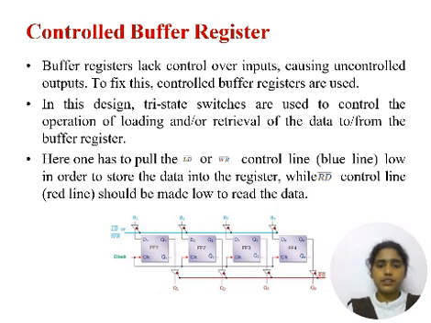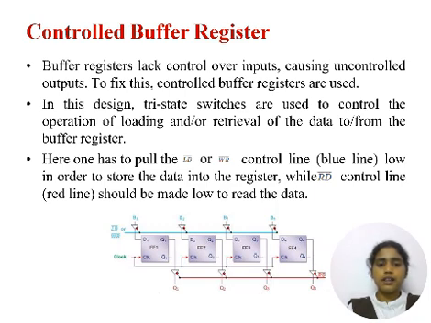Control buffer register. Buffer registers lack control over inputs, causing uncontrolled outputs. To fix this, controlled buffer registers are used. In this design, tri-state switches are used to control the operation of loading and retrieval of the data from the buffer register.